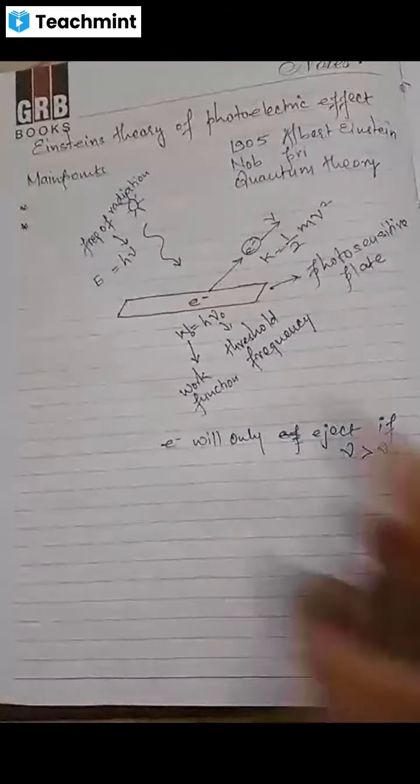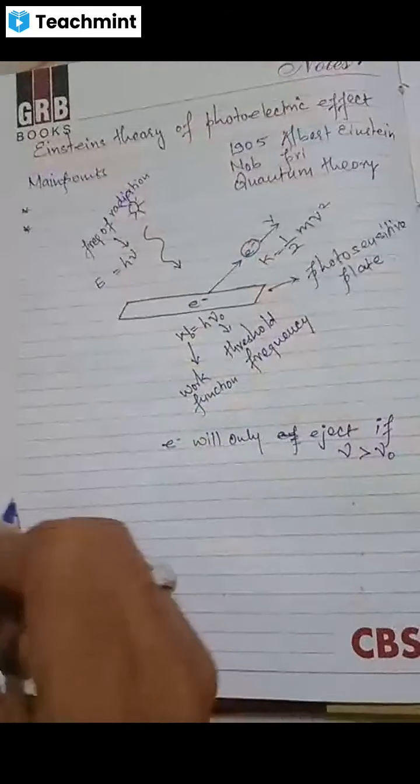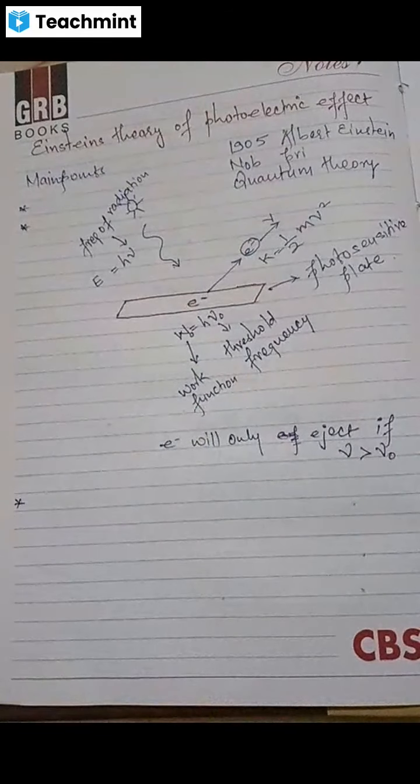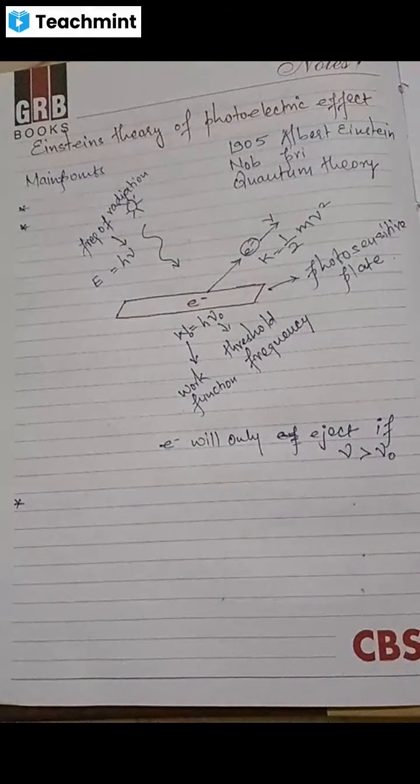Now let us write out the third point. The third point is very important. You may write it down like this: each photon interacts with one electron.